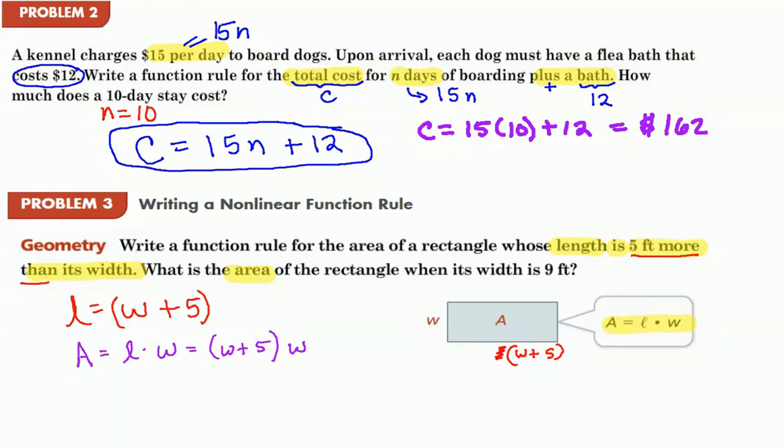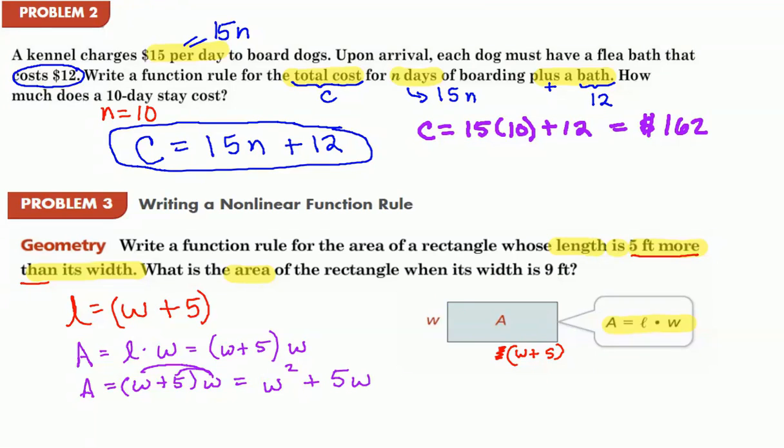Now we're going to go ahead and simplify this. Area is going to equal W plus 5 times W, and what we're going to do is distribute the W out. So what we get is our area is really just W squared plus 5 times W. So now that we have our function rule, we're going to find the area when its width is 9.